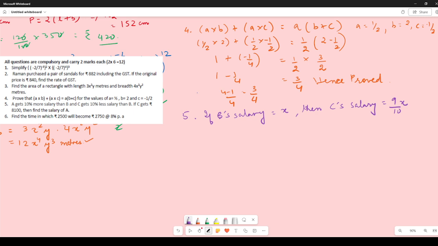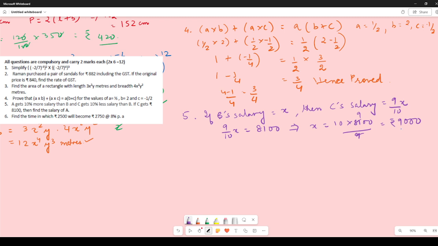We know that C's salary is given over here as 8100, right? So 9 by 10x is equal to 8100. So this implies x is equal to 10 into 8100 by 9. That makes it rupees 9000.